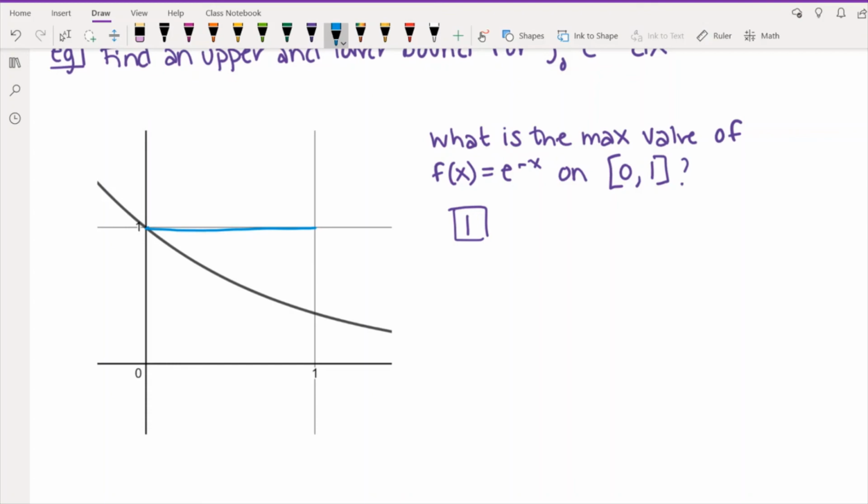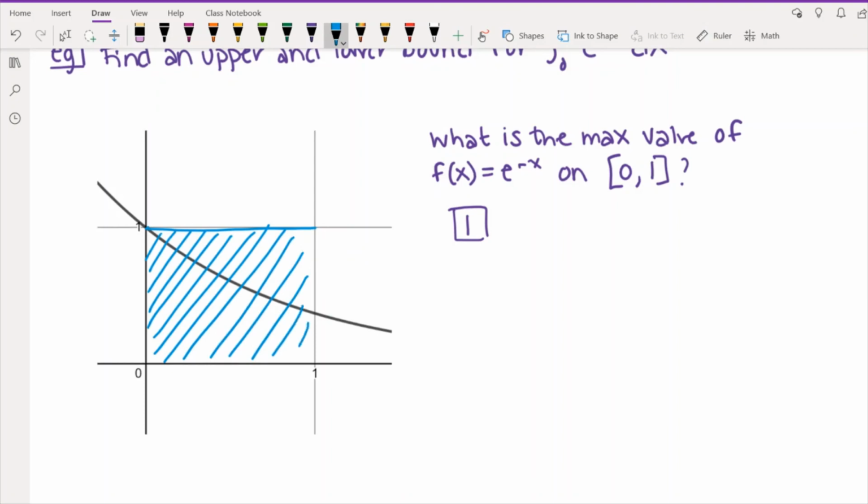And so that means that if we were to take the area of this rectangle, it's going to be bigger than the actual value of the integral, right? Because we know that 1 is higher than the function on most of this interval. And so the very highest value that this integral could have would be 1.